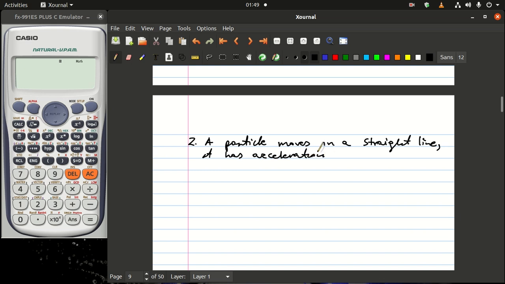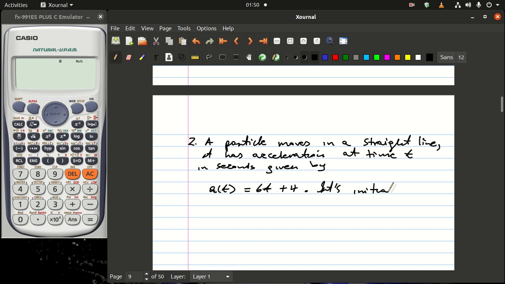Hope my spelling is correct. It has acceleration at time t in seconds given by a of t is equal to 6t plus 4. This is a capital letter.